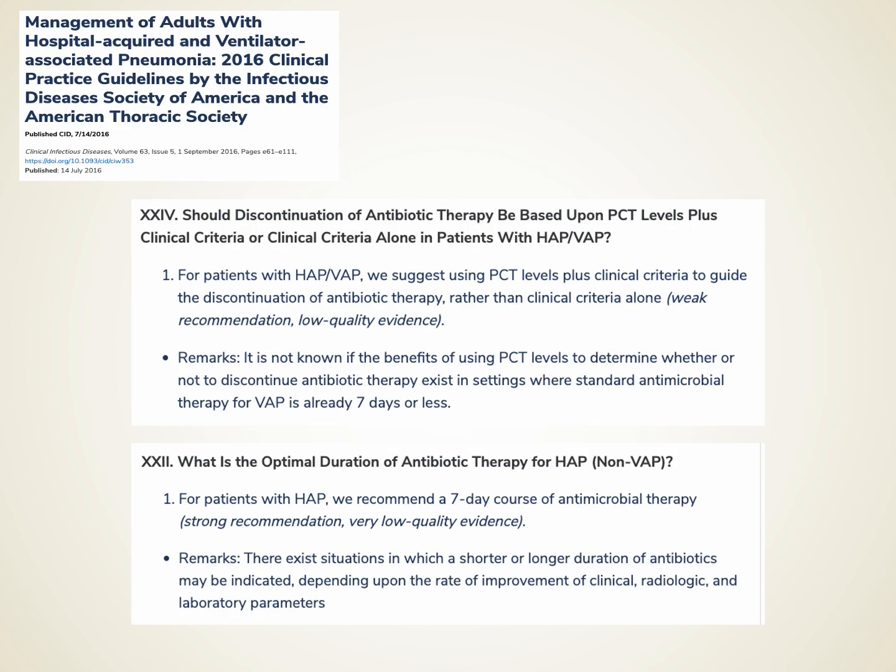The other issue is, at what point would you discontinue antibiotics after they've done well? For hospital-acquired pneumonia and even ventilator-acquired pneumonia, we're looking at a 7-day course of therapy at the very least, and probably going out to 10 and sometimes 14 days, but certainly 7 days after you achieve stability.